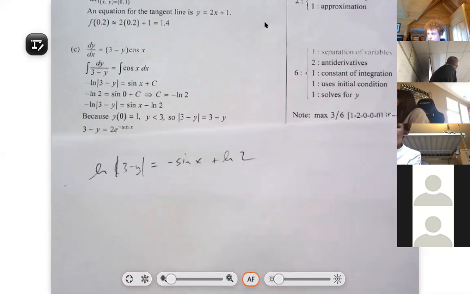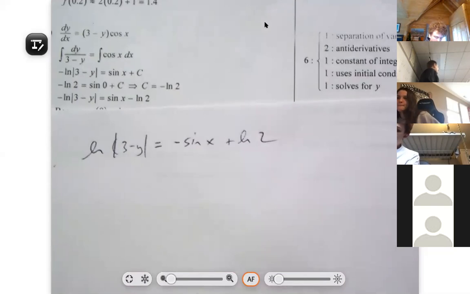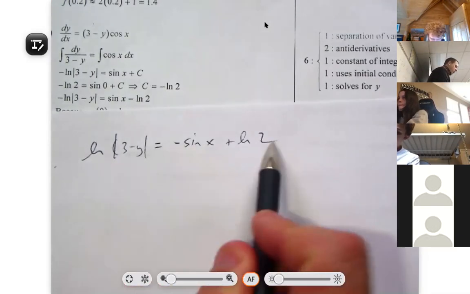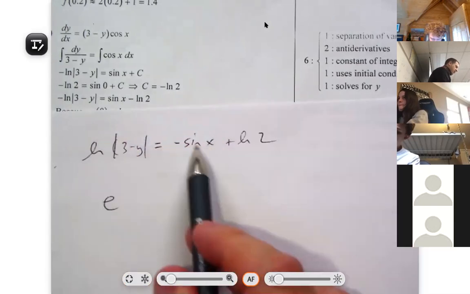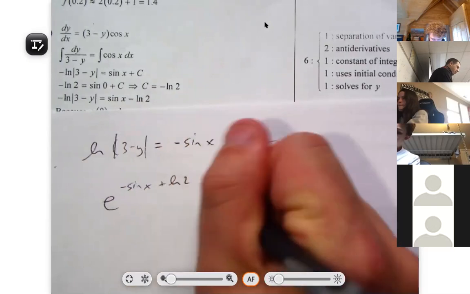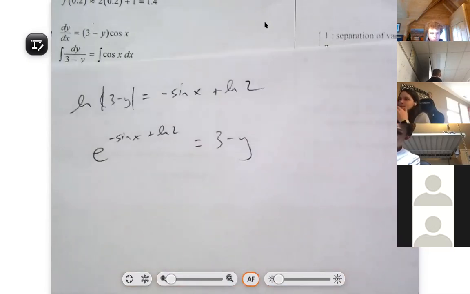This is where, I know in physics, doesn't he say like E it or something? That's in my classes I've said that before, but I like to just turn it into exponential notation. Where this is log form, I like to put it into exponent form. That's just how I think about it. So the base is e, so it'd be like e to the negative sine of x plus natural log of 2 equals 3 minus y. And then just solve that for y.